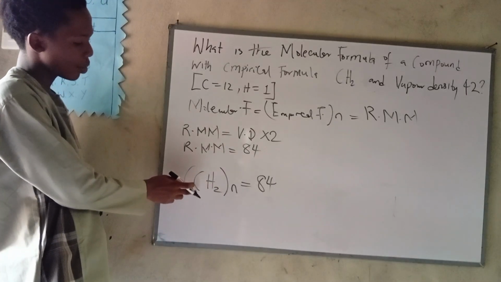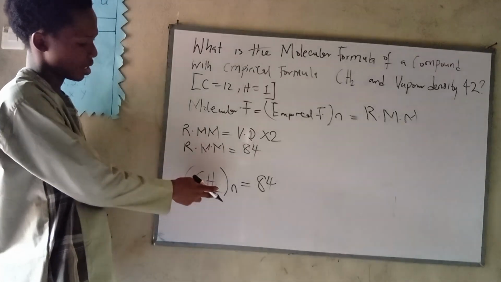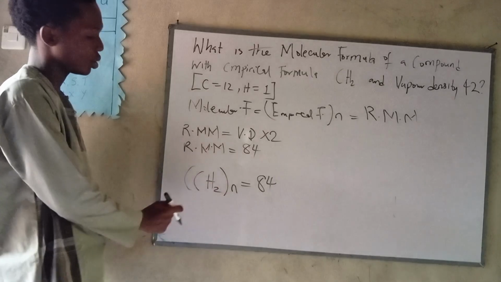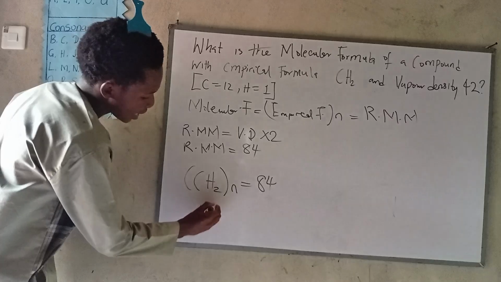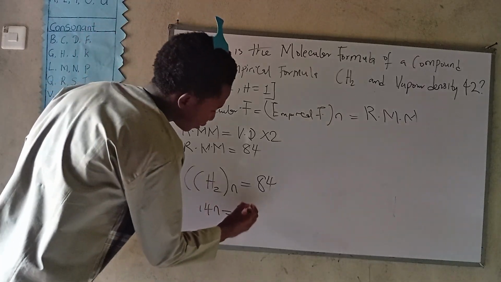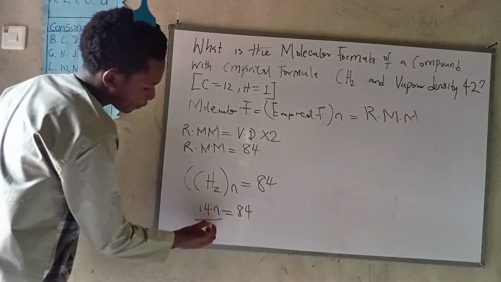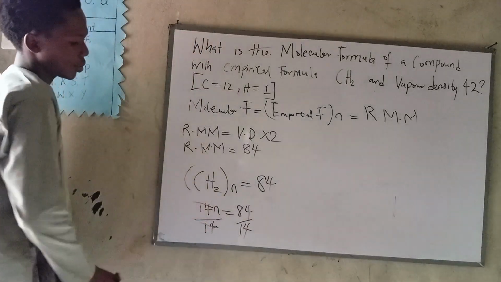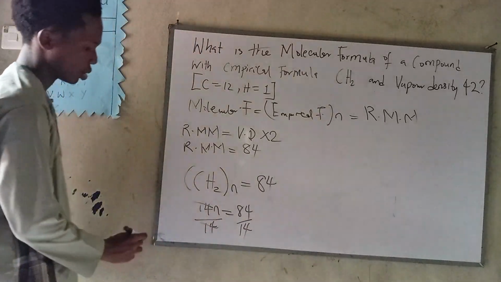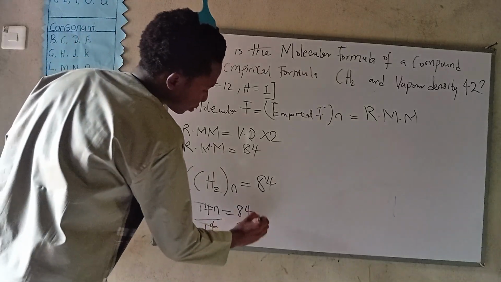So carbon is 12 plus 1 times 2, which is going to give us 14. So therefore 14n is equal to 84. Divide both sides by 14. Cancel out, cancel out. n is equal to what?